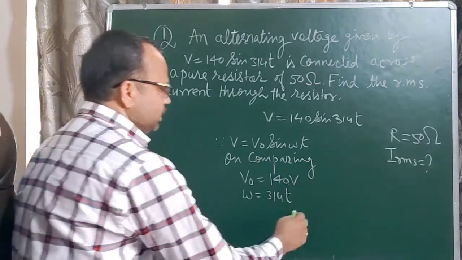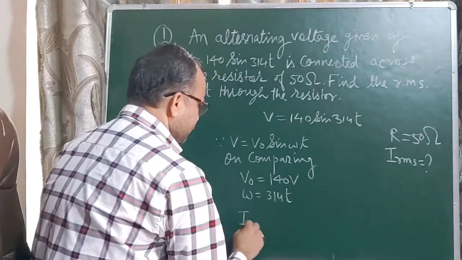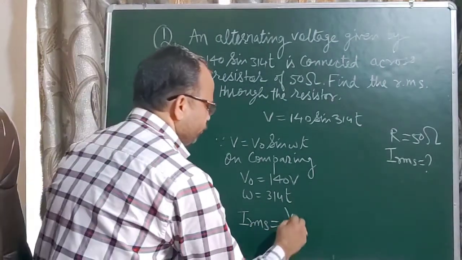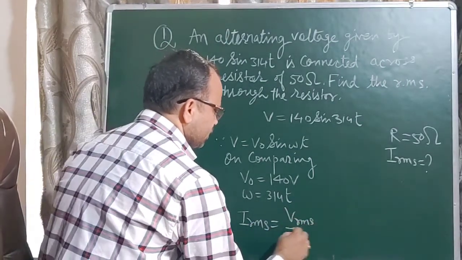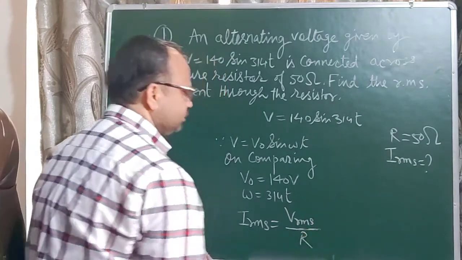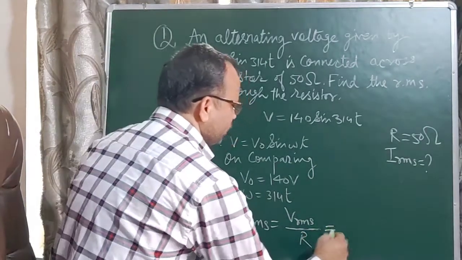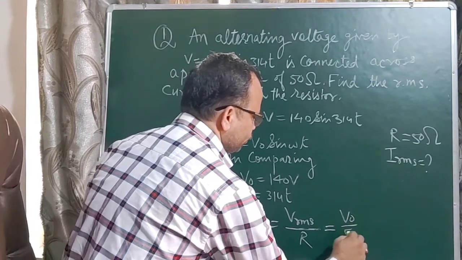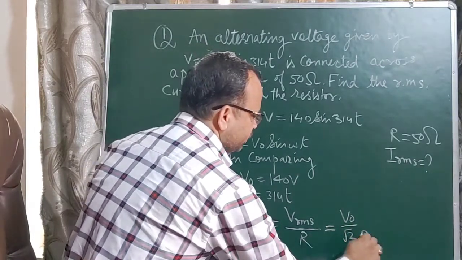So now apply the formula I RMS equal to V RMS upon R. V RMS is equal to V naught upon root 2. Value of R is the same.